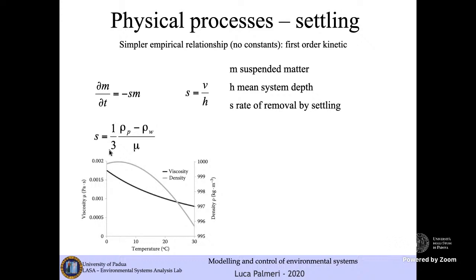The point is that if we look at this ratio, we want to understand where the point of change is, in terms of which of these quantities, density or viscosity, is dominating. The point of inversion is here, where the density corresponds to the viscosity, and after this point, density starts to decrease, while viscosity continues to slightly increase.